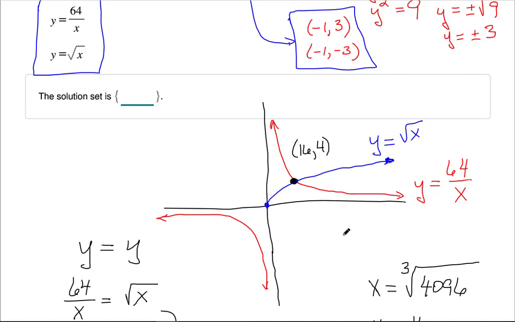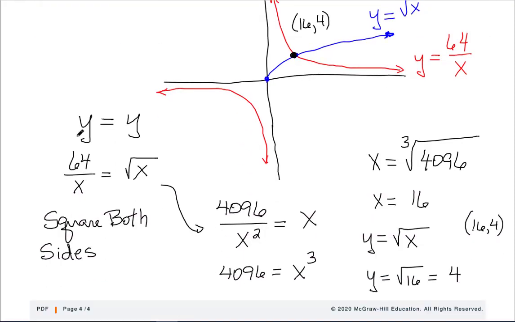All right, well, how can we go about solving this? All right, so again, I try the technique of y equals y. So now what am I going to do with this? This looks terrible. Well, I'm going to try to square both sides, because if I square a square root, it goes away.